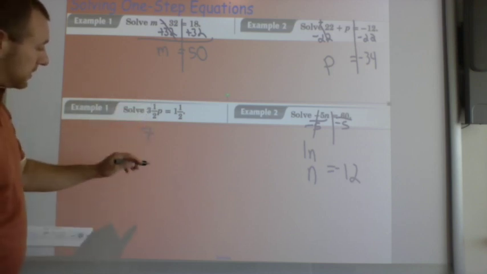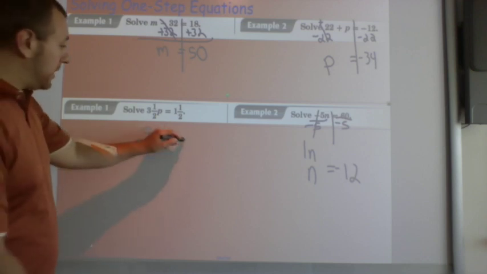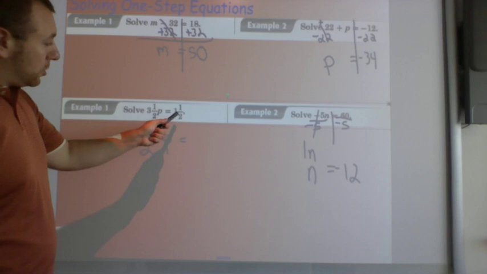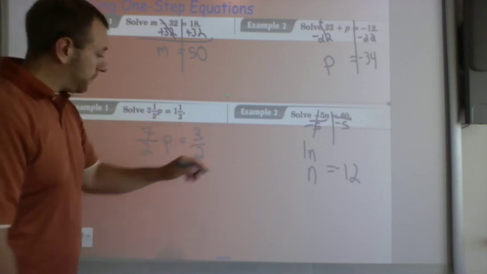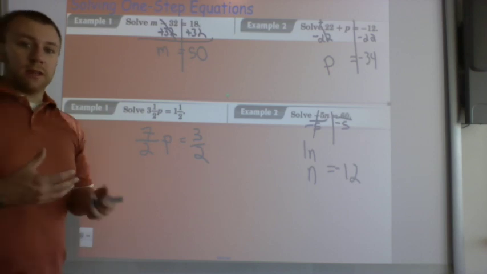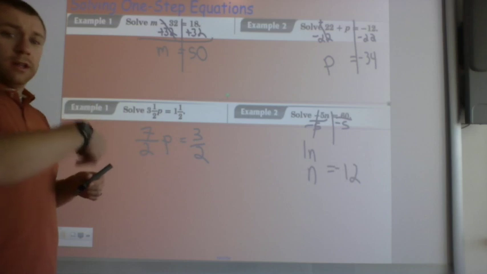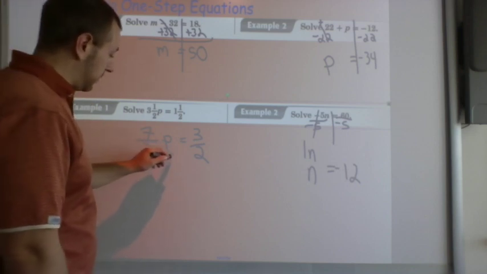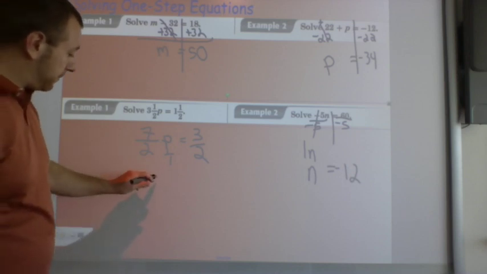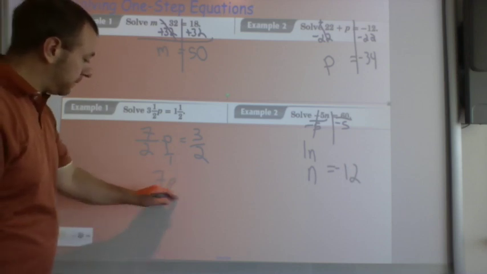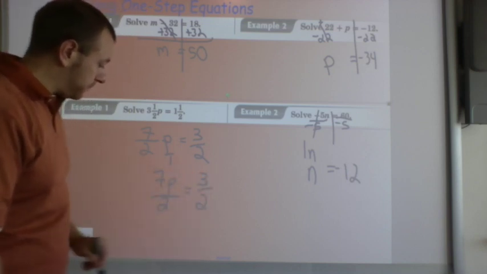So this becomes 7 over 2 p equals, and then I repeat the process. 2 times 1 plus 1 is 3 over 2. Now, the trick with this is you have to know, where does this p go? Well, in previous lessons, I talked about, well, this is really p over 1. So the p is actually going to go to the top. So it's 7p over 2 equals 3 over 2.